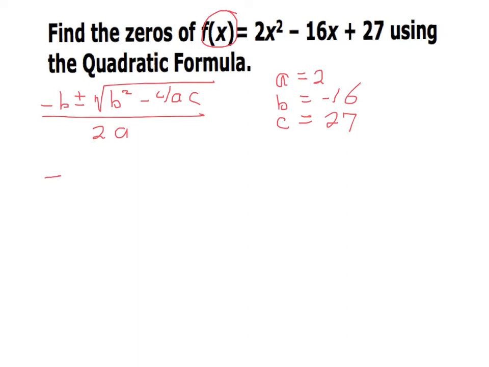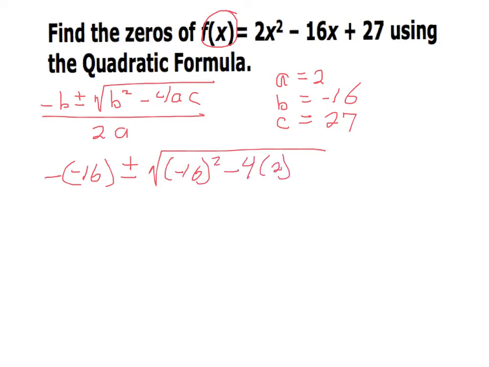So it's going to be negative, parenthesis, I'm going to plug a negative 16 right there, plus or minus the square root of, it's going to be negative 16 squared minus 4 times 2 times 27 all over 2 times 2. Okay, now let's just try to simplify this using order of operations.